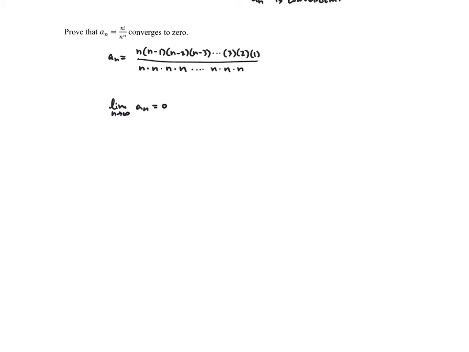What I'm going to do is take this sequence and show it's less than something that converges, and show it's greater than 0. This is kind of squeeze theorem type work.